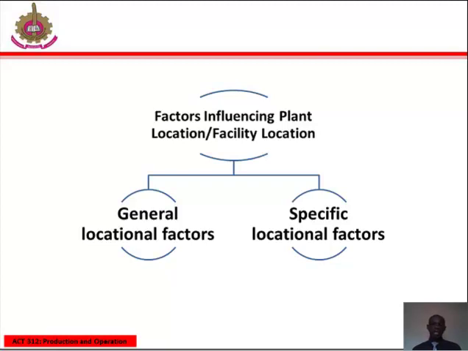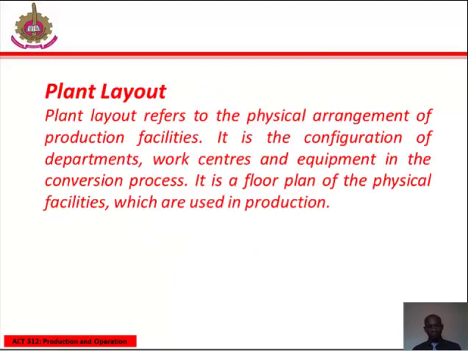Now let's talk about the second aspect, which is specific locational factors. Specific locational factors are especially required for manufacturing and service organizations. So these are the two major categories of factors influencing plant location and facility location.